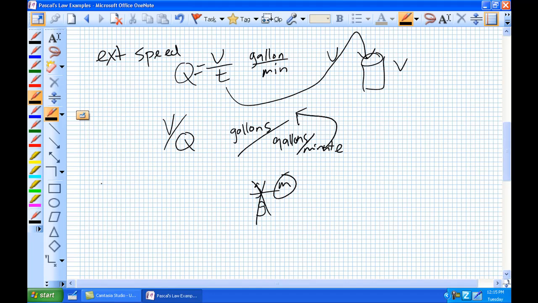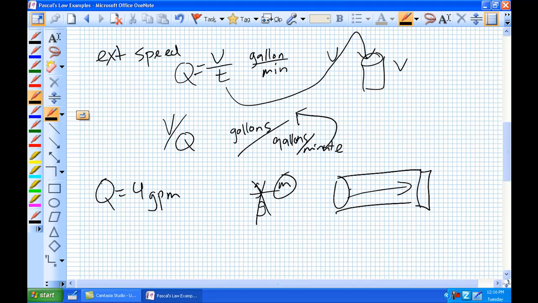So if we know our flow rate Q is 4 gallons per minute, how long does it take to extend that cylinder if we know the area of this was 9.621 inches squared and it's 24 inches in length?